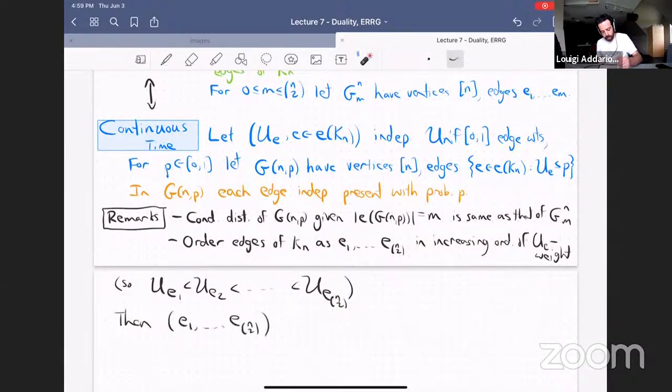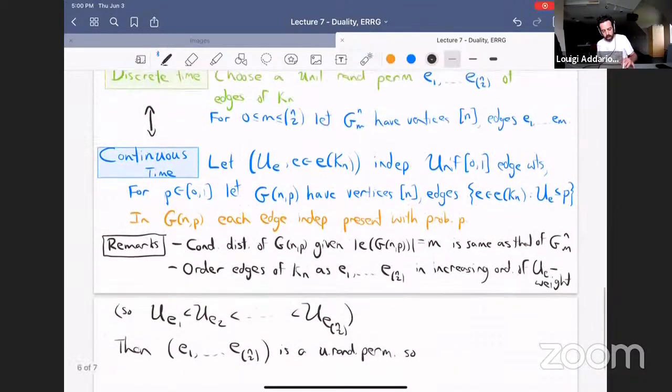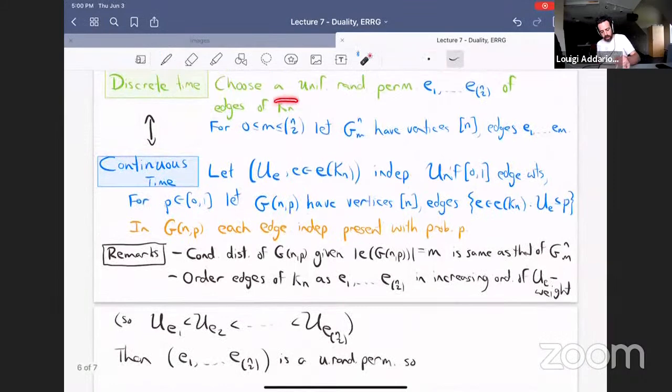Again, by the exchangeability of the edge weights, the order statistics form a uniform permutation. And so that means that if we add the edges as we increase p from 0 to 1, this is the order in which the edges get added. But that's just a uniform permutation, like what we did in discrete time.